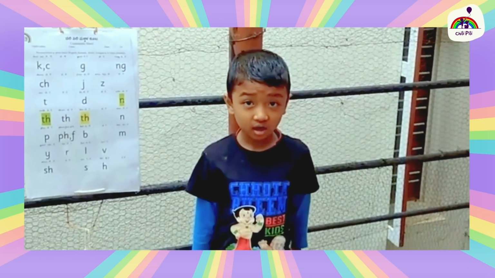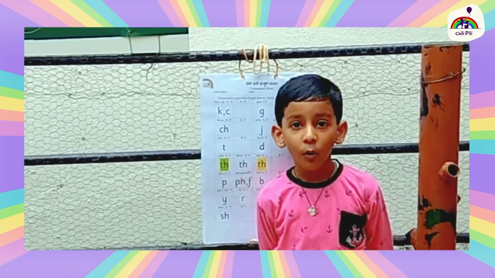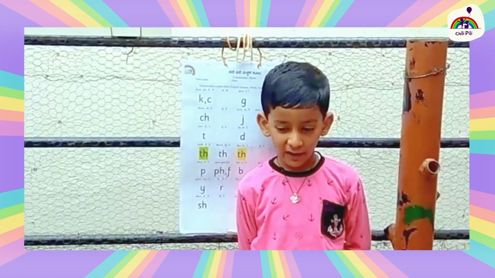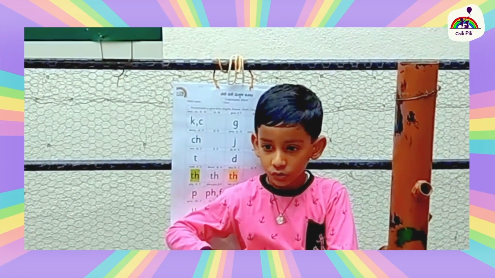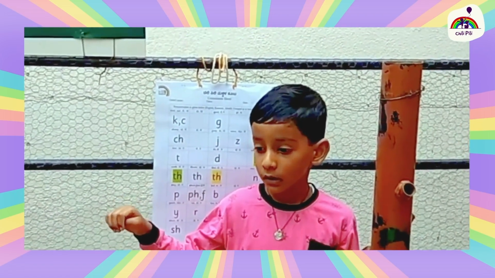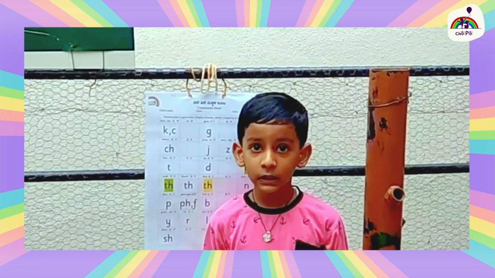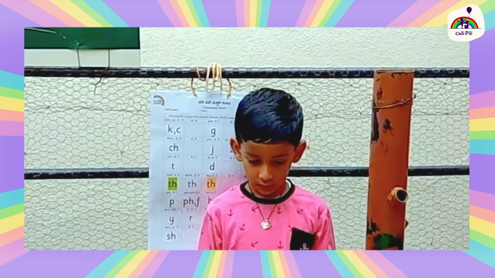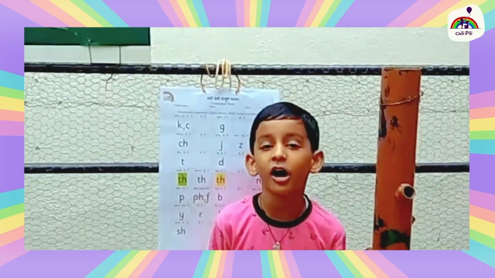A coming from? R coming from? La is guru. Ja, sha, ha. Ya, ra, la, wa, ja.